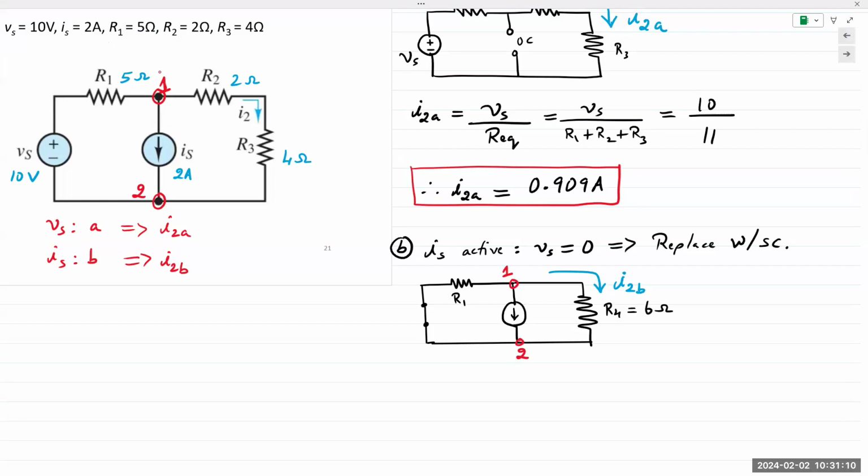Absolutely, they are in parallel. Because of the voltage source being replaced with a short circuit, the other end of R1 is now connected to node number 2. And because that happens, R1 is now in parallel with the current source IS, which is also in parallel with R4. The entire circuit is in parallel.